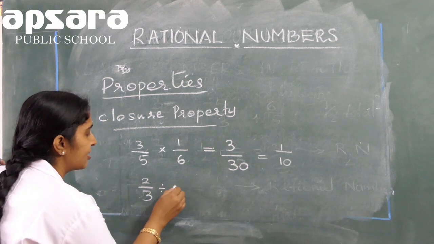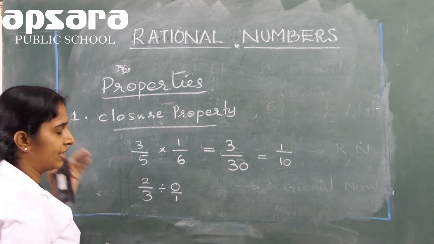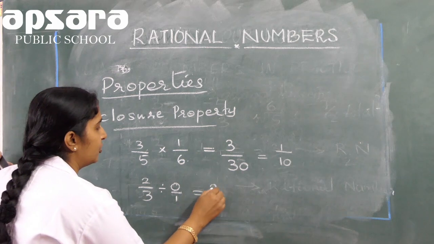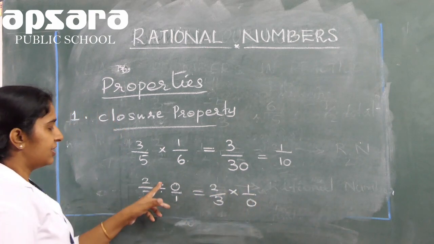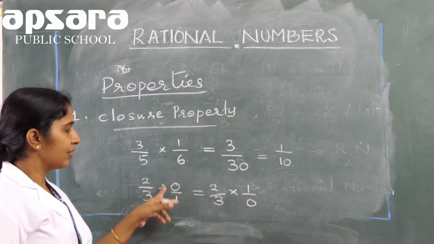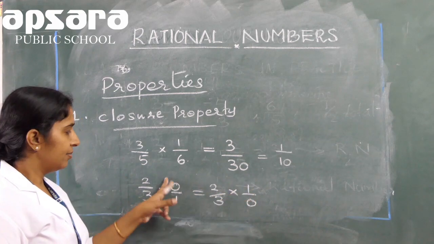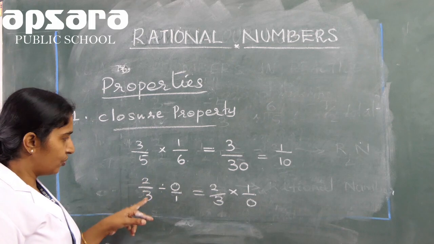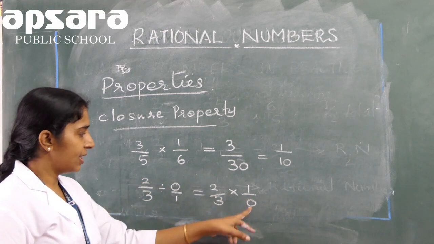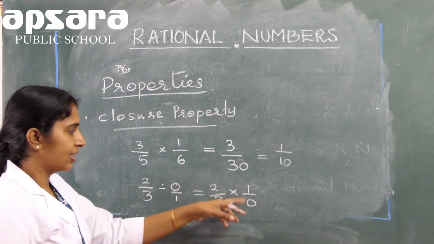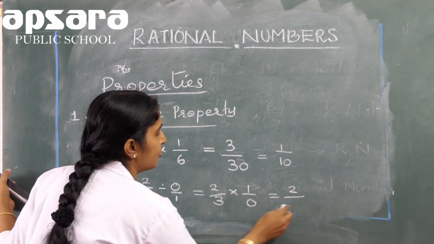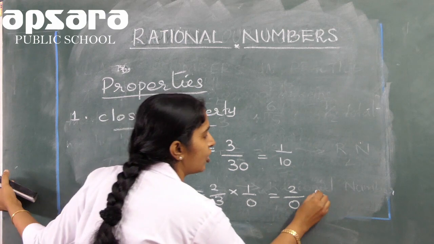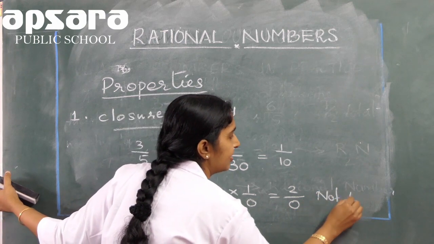So I am dividing this by 0, that is 0 by 1. Division is the same as multiplying with the reciprocal, the multiplicative inverse. So 2 by 3 into 1 by 0, the reciprocal of 0 by 1, and you are getting the answer as not defined. 3 into 0, 2 by 0 is not defined.